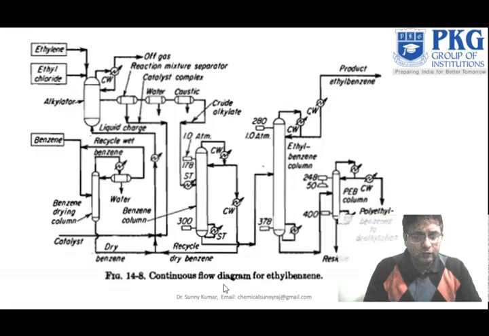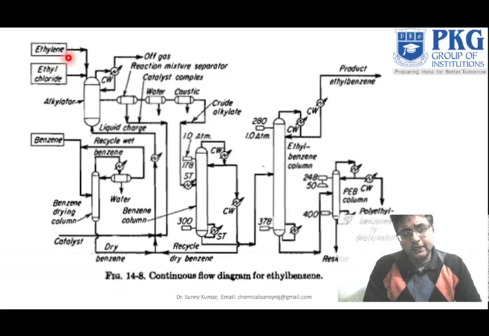In the continuous flow diagram for ethyl benzene, the main reactants are ethylene and benzene, where the reaction mixture goes into different separators with a specific catalyst and specific temperature and conditions. There are 2-3 different columns, and you are producing ethyl benzene, and also polyethylbenzenes, but you have to separate them by the ethyl benzene column. From the bottom you get polyethylbenzene, and from the top you get ethyl benzene.